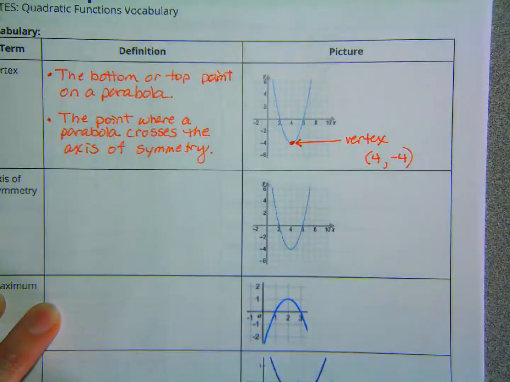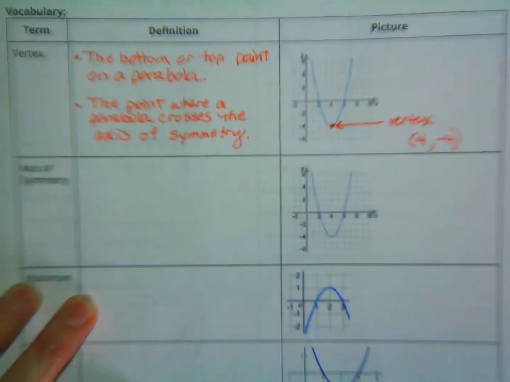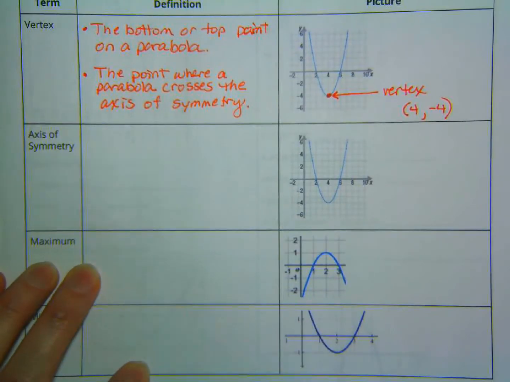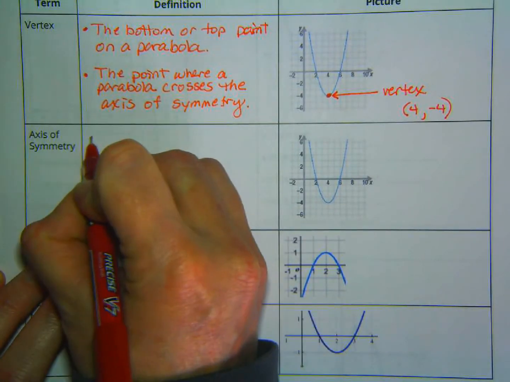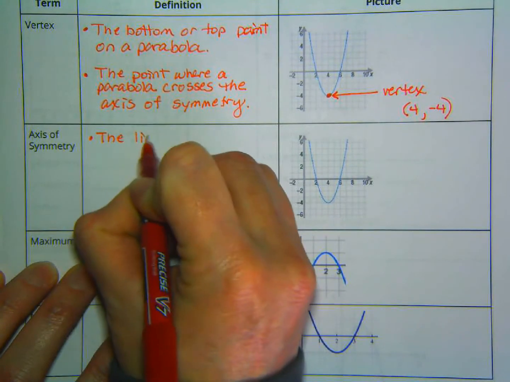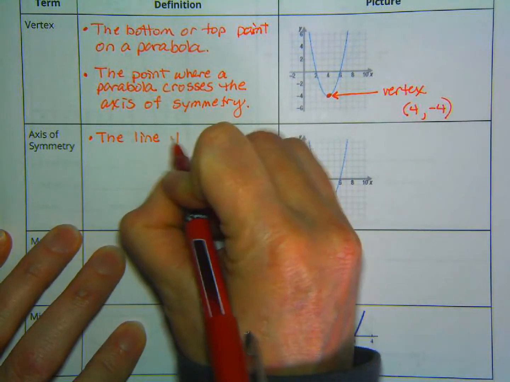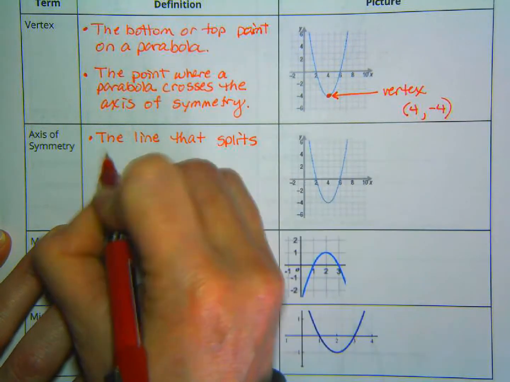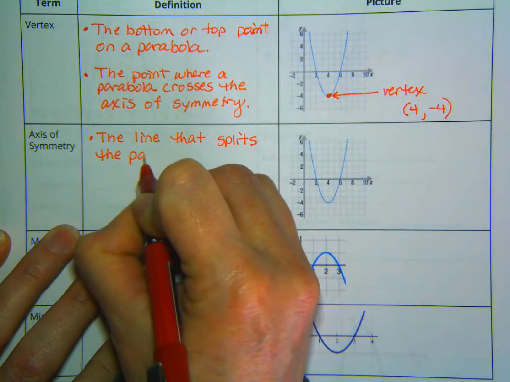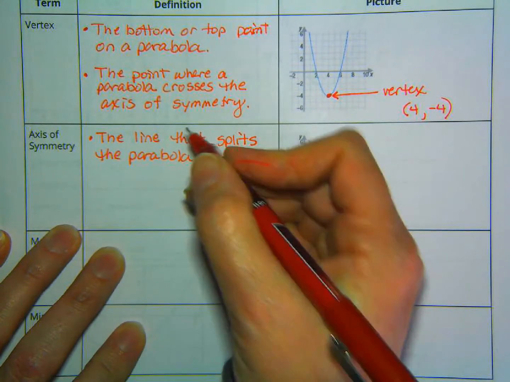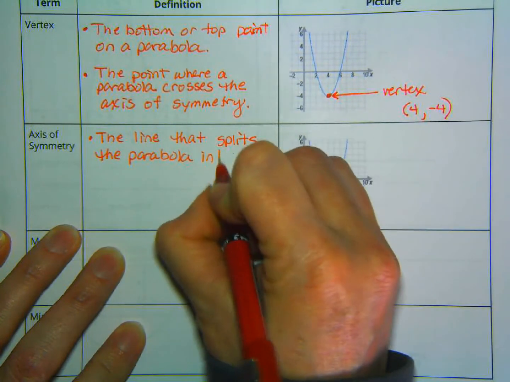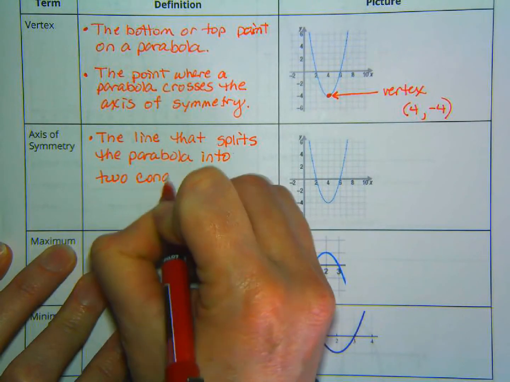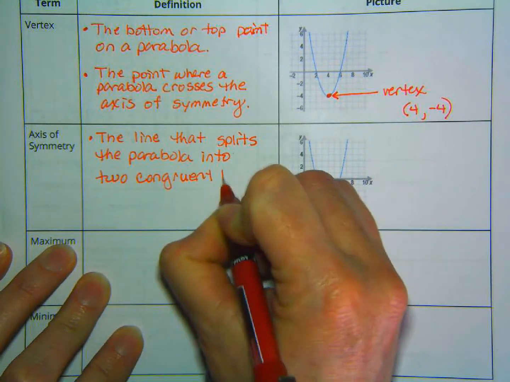Let me zoom this in a little bit. Maybe a little bit less than that. Okay, just in case you're watching this on a phone. The axis of symmetry is the line that splits the parabola into two equal parts, or in geometry, you would say into two congruent halves.